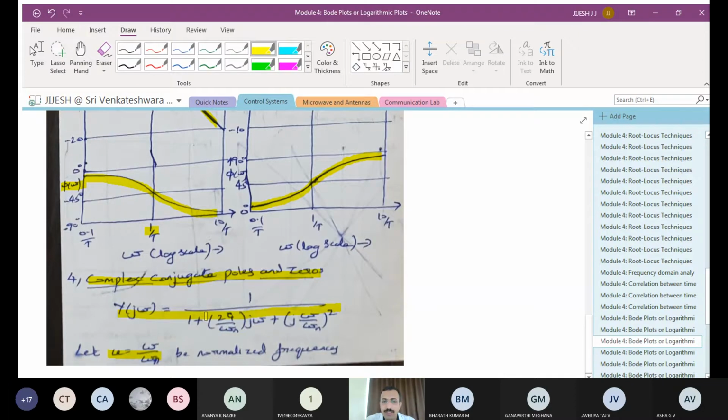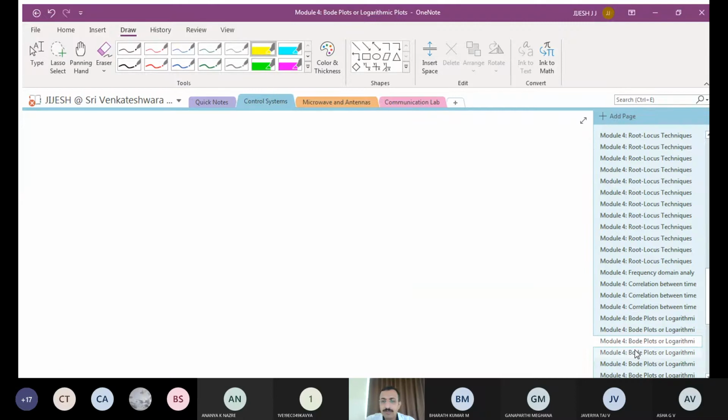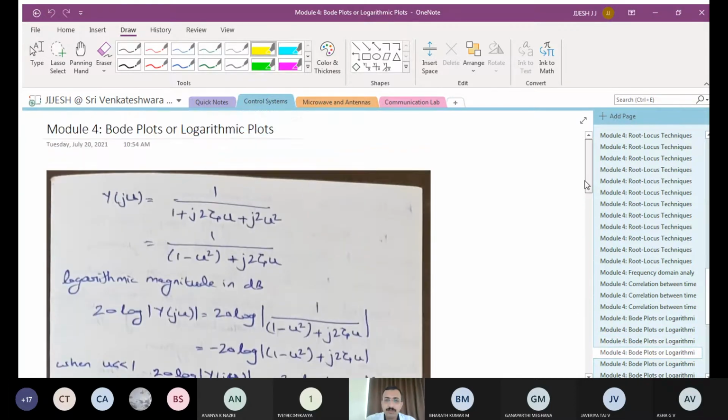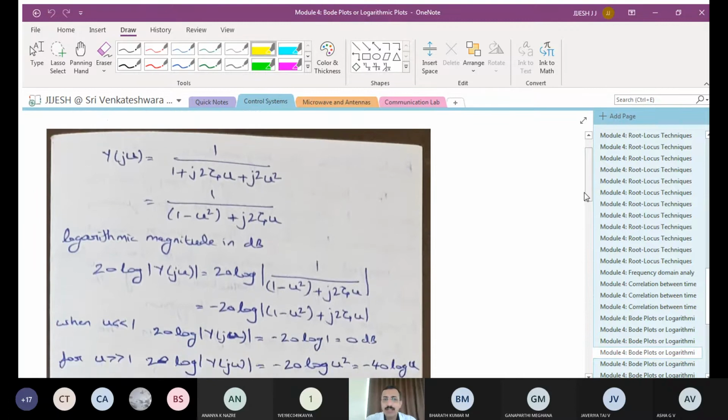So Y of j omega is 1 by 1 plus 2 zeta j omega by omega n plus j omega by omega n whole square. So u is what? As we have seen in the previous class also, u is omega by omega n, the normalized frequency. So when I take Y of ju, my function converts into this form.